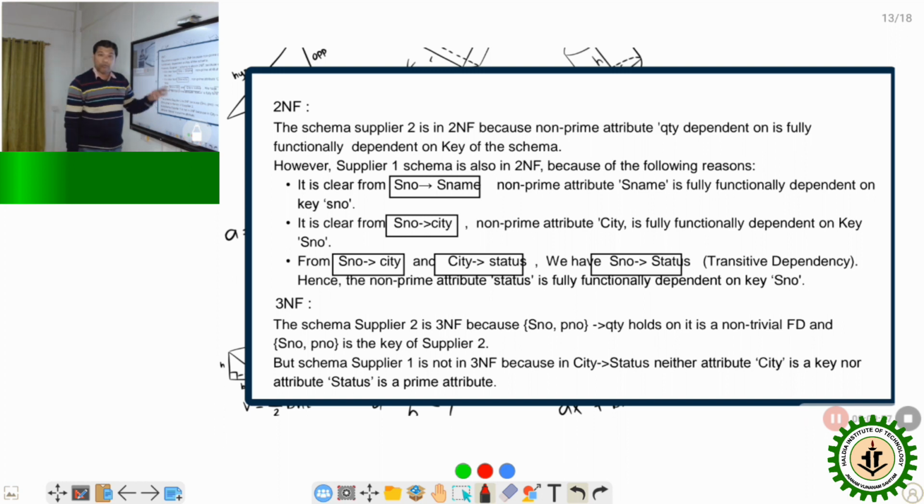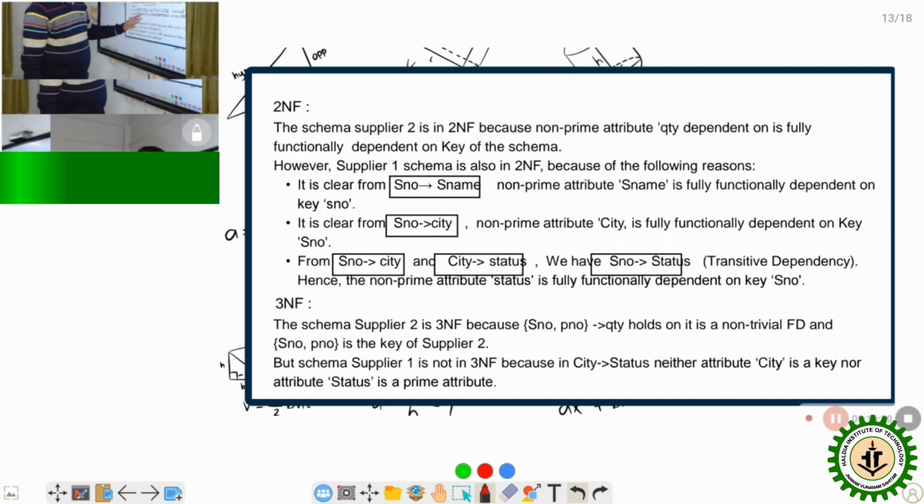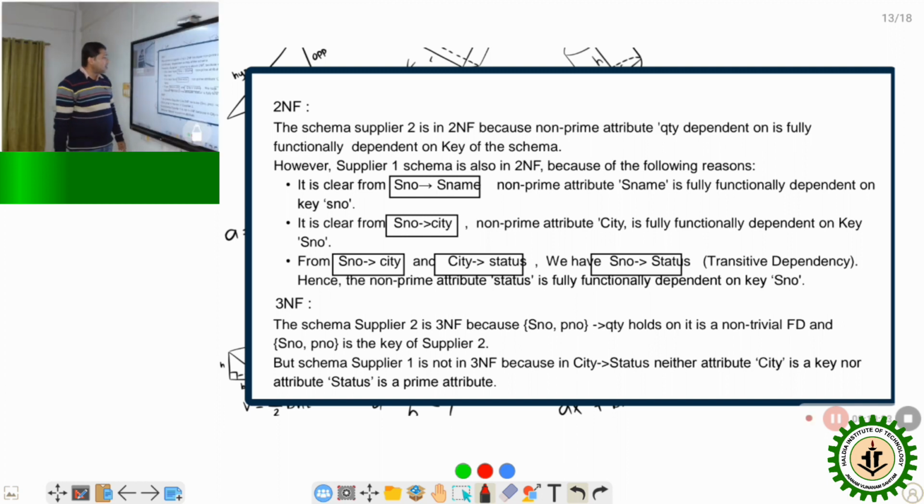However, the supplier 1 schema is also in 2NF for the following reasons. It is clearly shown that from supplier number we get supplier name. So the non-prime attribute supplier name is fully functionally dependent on the key supplier number, and also from supplier number to city, so the non-prime attribute city is fully functionally dependent on the key supplier number.